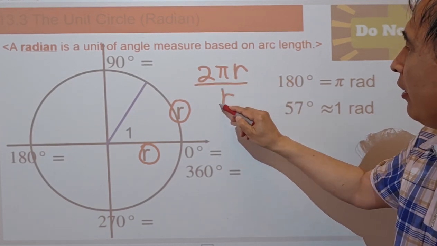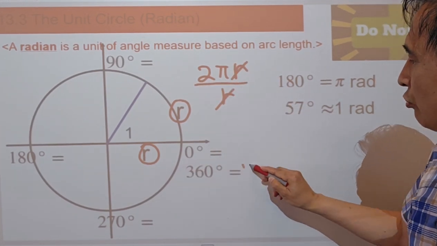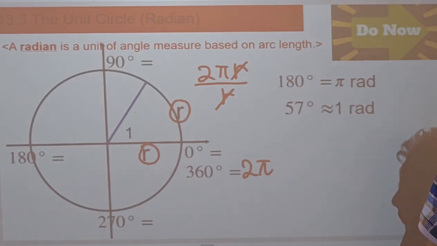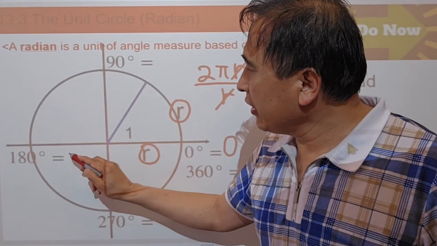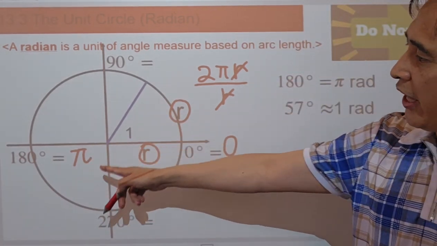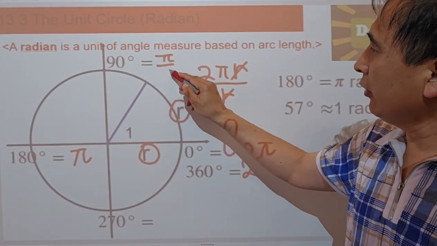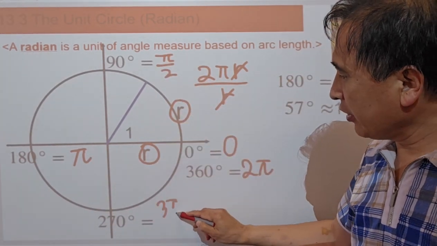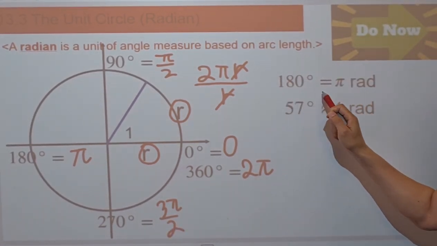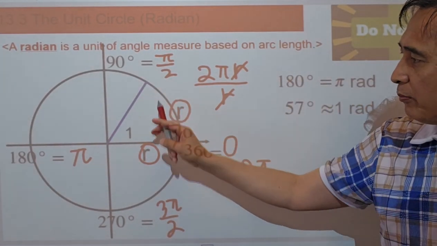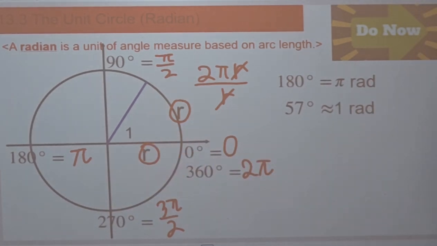So you divide by r, and this 360 degrees is 2 pi radians. Zero degree is 0 radian. This is 180, then pi radian. Half of that is pi over 2 radian, and this is 3 pi over 2 radian, right? So pi radian is 180 degrees, and 1 radian, if you measure it, is about 57 degrees.